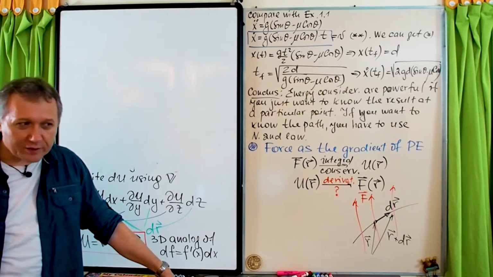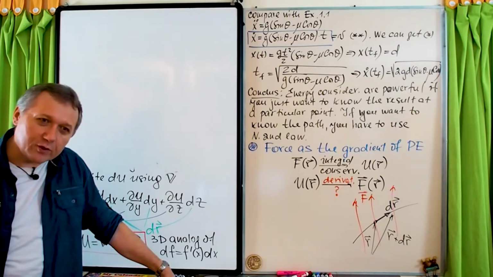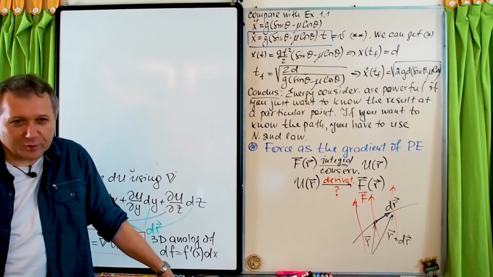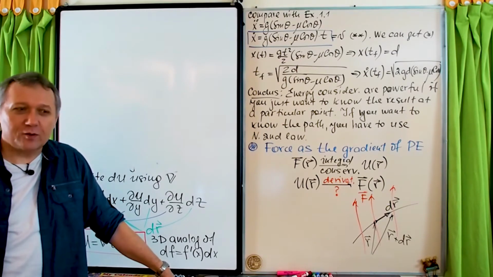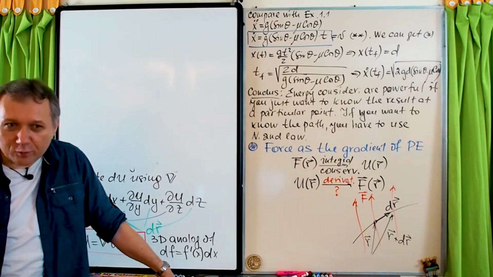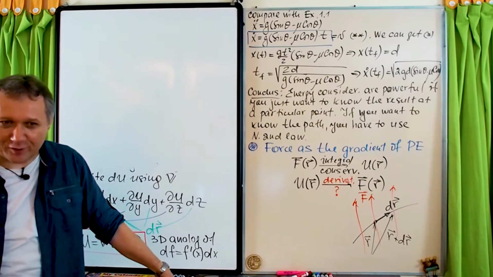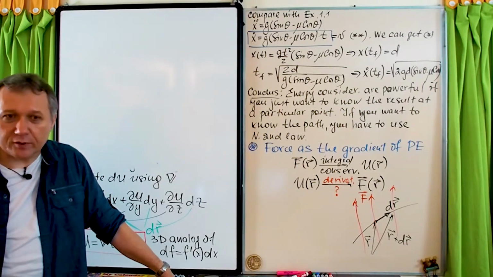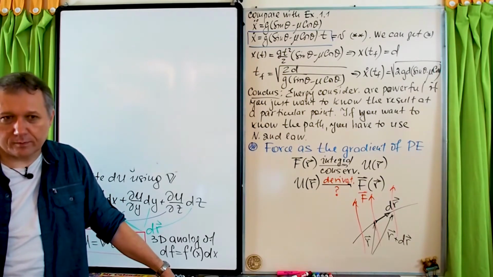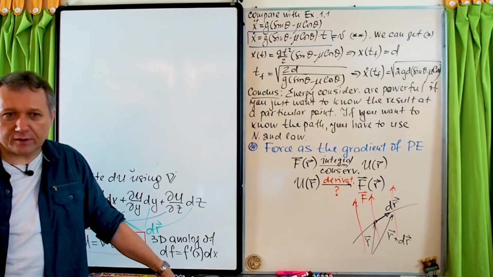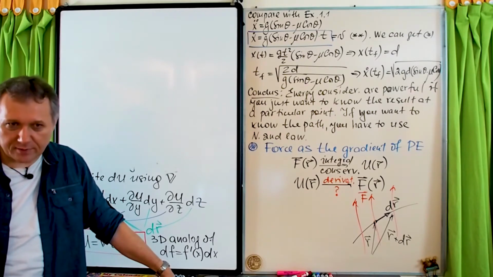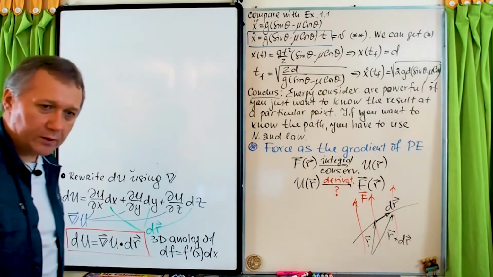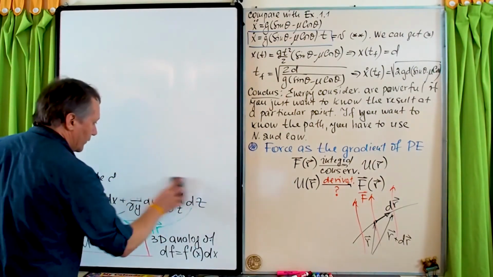So brute force, straightforward, it's a never-ending work, because there is an infinite number of points you can pick, and of course an infinite number of routes. So you will never be able to finish your proof. So the second condition must be reformulated, in a different form, so that we wouldn't have to consider an infinite number of points and paths in order to prove that the force is a conservative force.